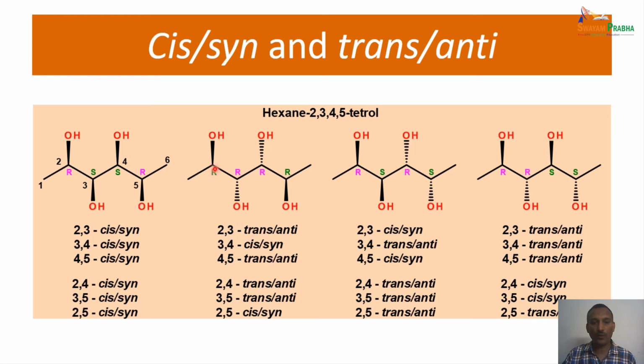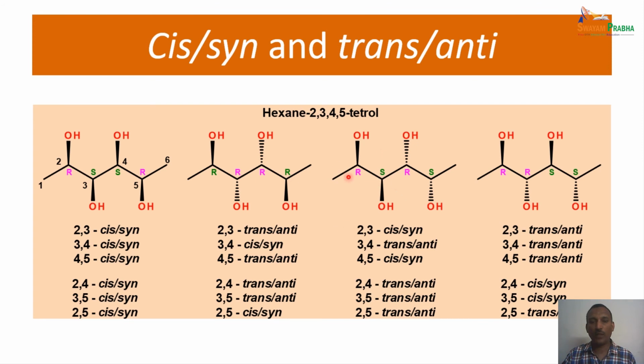The same way if you go from 2 to 4 or 3 to 5, the groups are opposite, one pointing towards the observer and the other away from the observer. So both are trans or anti arrangements. And if you look at 2 and 5, these two groups are pointing towards the observer, so this is a cis or syn arrangement. The same way we can extend this to the other two compounds.